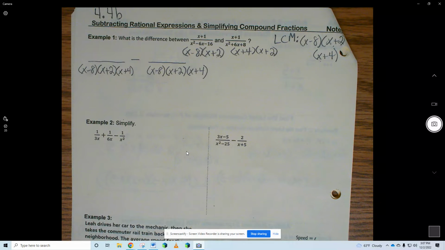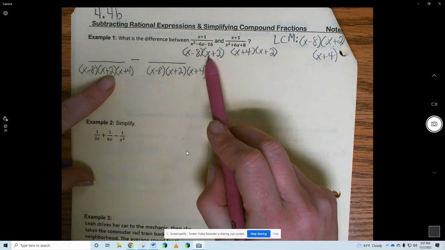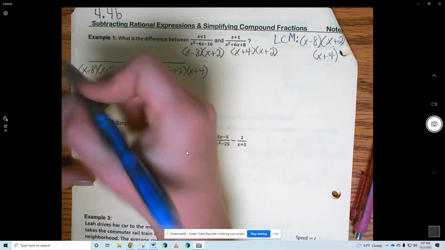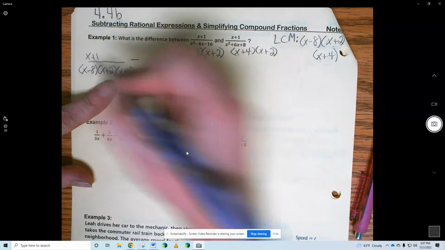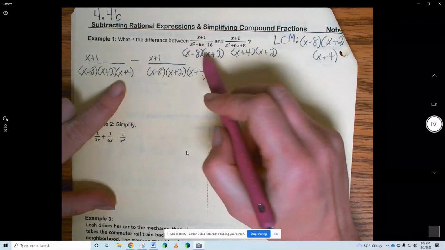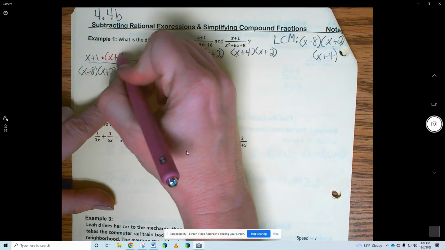Now, what is not in x minus 8, x plus 2 that is in my common denominator? Okay, the x plus 4. So that means that I'm going to need to multiply the numerator by x plus 4.